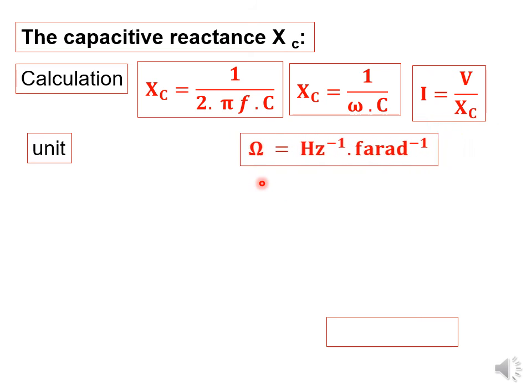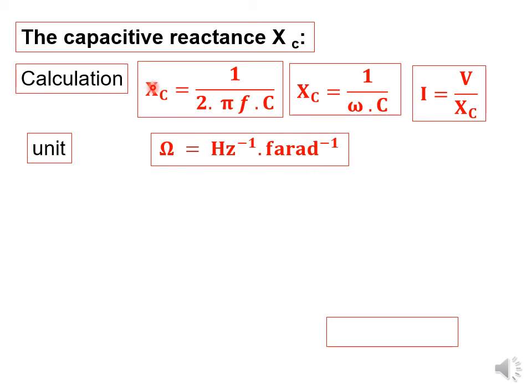The unit of capacitive reactance is ohm, and frequency is hertz^-1 لأنها تحت، وبعدين farad^-1. C is the capacity of the capacitor in farad، يبقى الأوم equivalent to hertz^-1 farad^-1.